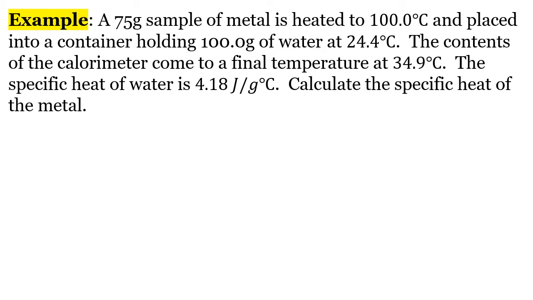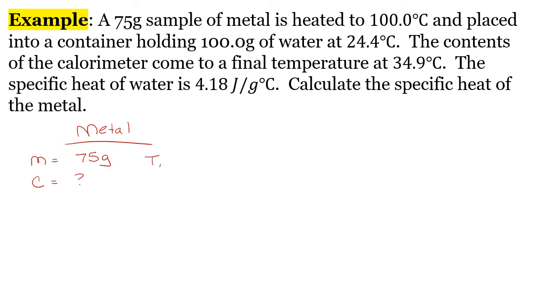There's a lot of information in the question here, and what I'd like to do first is put everything into a table. So we have our metal. We know the mass of our metal is 75 grams. We do not know the specific heat of our metal.